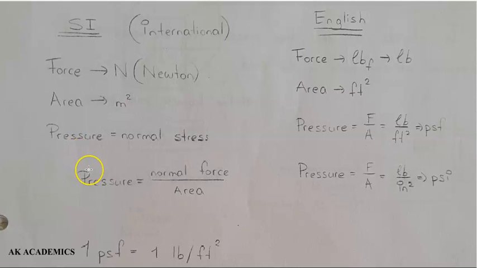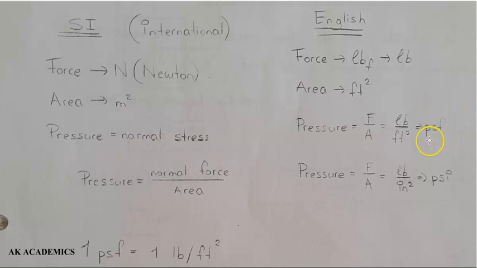Again, we have pressure. Pressure is equivalent to the normal stress, and it is given as normal force divided by area. So from here you will see that pressure can be given as the LB, which is the pound, divided by square feet, or this can be referred to as PSF.